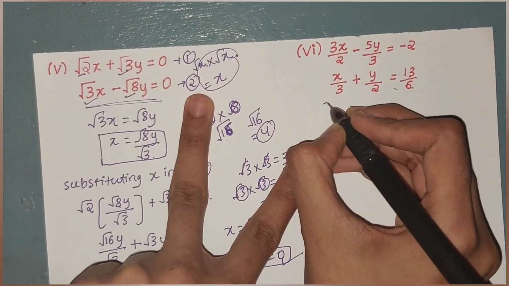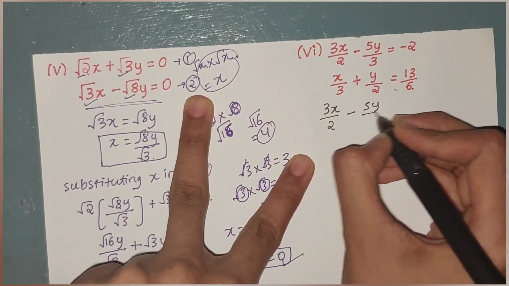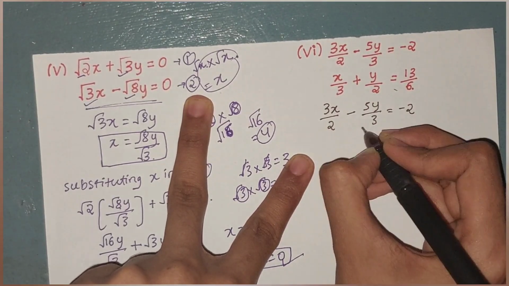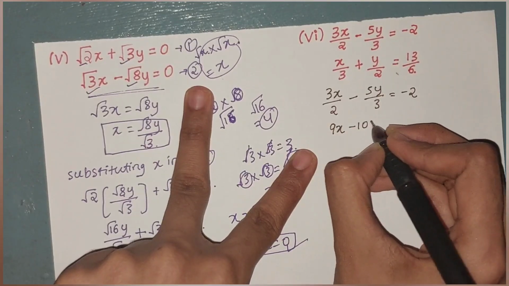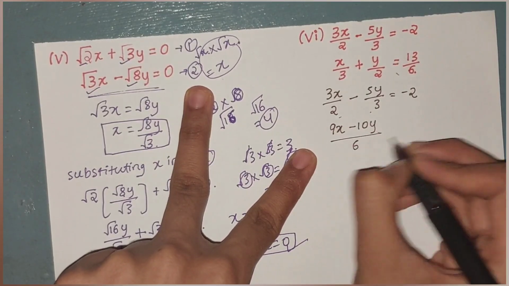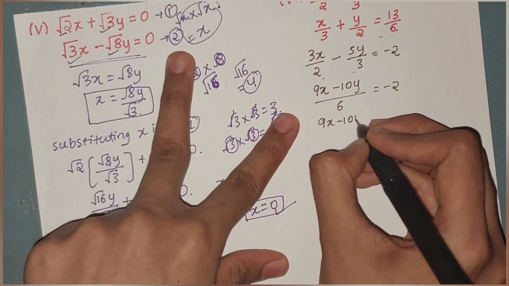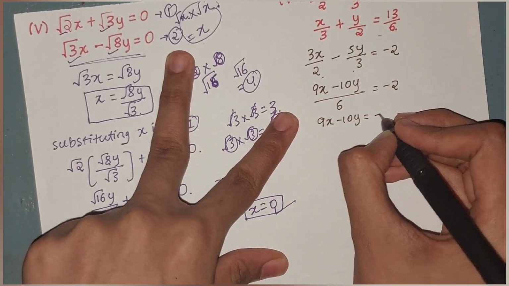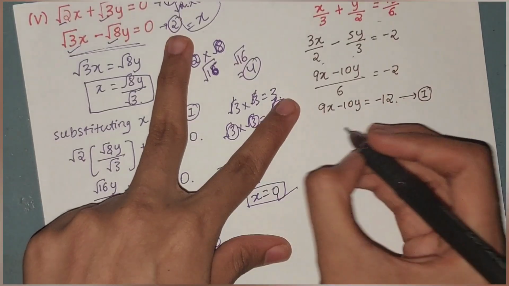Now let me first take those equations down here. 5y by 3 is equal to minus 2. So take LCM: 9x minus 10y by 6 is equal to minus 2. So 9x minus 10y is equal to 6 into 2, minus 12. This is my equation number 1.